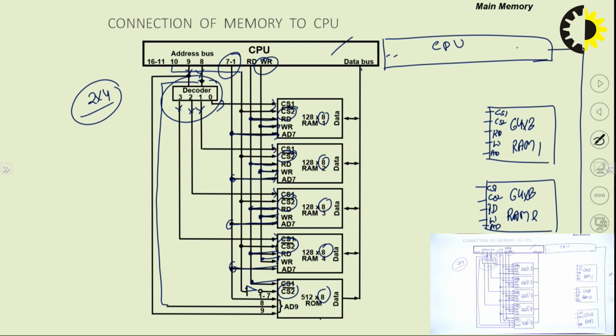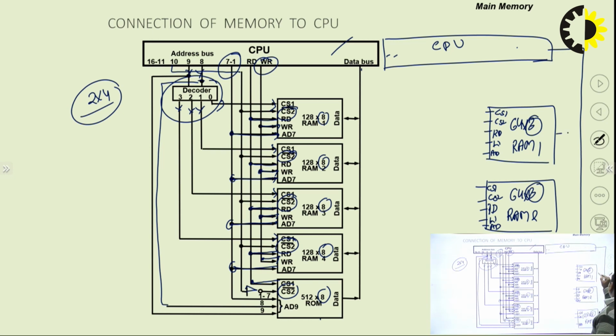Now, what is the data line of this RAM chip and ROM chip? 8, 8, 8. It means a total of 8 data lines are present in these 3 chips.